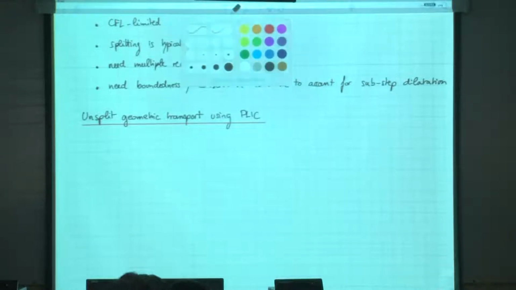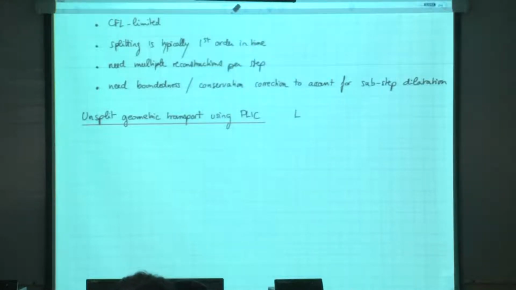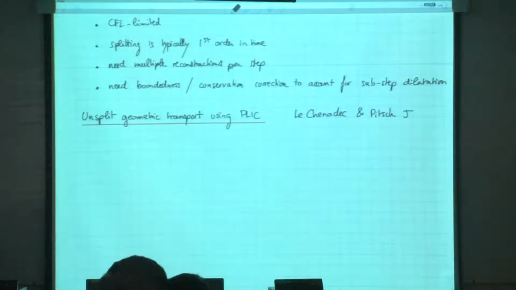So this is going to be using a paper of Lopez-Hernandez and Pitch, JCP 2013, I believe.